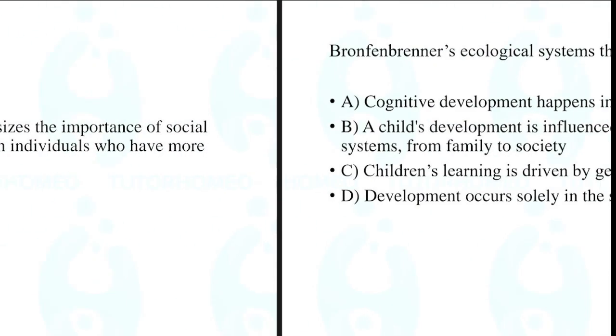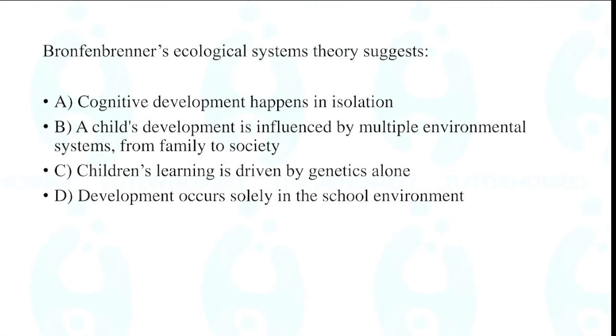Okay, the next question is, Bronfenbrenner's ecological system theory suggests what? Is it that cognitive development happens in isolation? A child's development is influenced by multiple environmental systems from family to society. A child's learning is driven by genetics alone, and development occurs solely in the school environment.